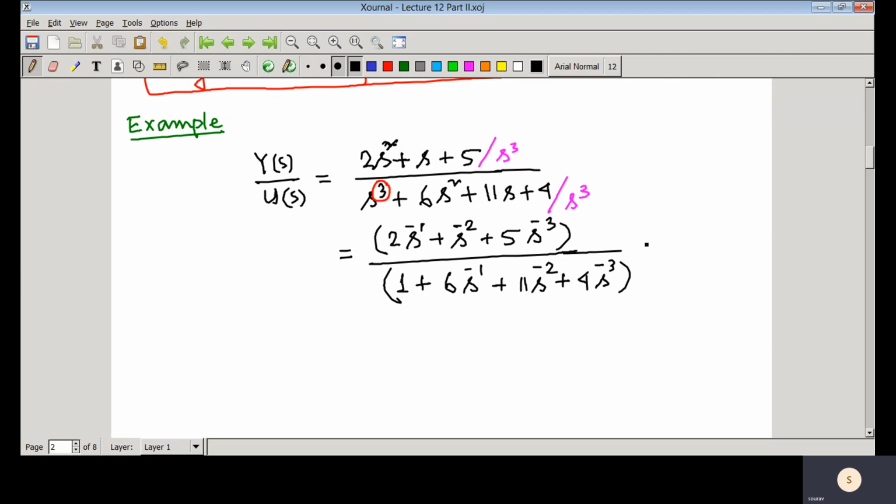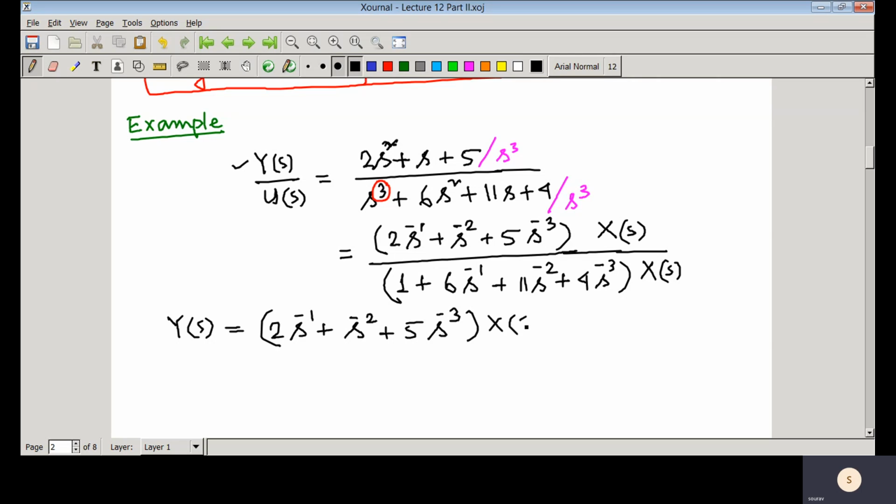We have divided numerator and denominator by the maximum degree of the denominator, s cube, and then you can multiply numerator and denominator by one Laplace transform variable X(s). Now we have Y(s), and you can equate the numerator, so Y(s) equals 2s to the power minus 1, plus s to the power minus 2, plus 5s to the power minus 3, into X(s).